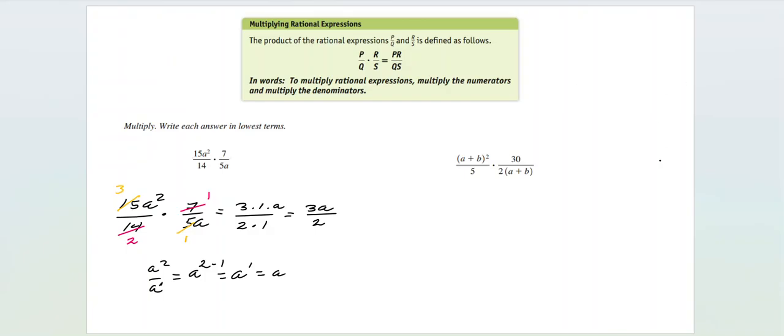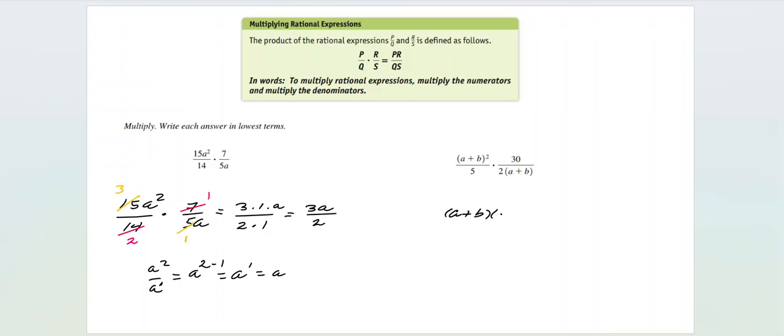Now, I have this other case here. There is, in this case, (a plus b) squared over 5 times 30 over 2 times (a plus b). Remember that (a plus b) squared is (a plus b) times itself.